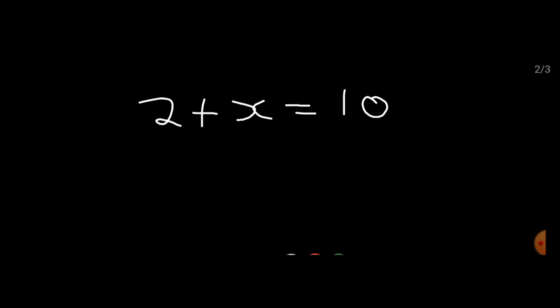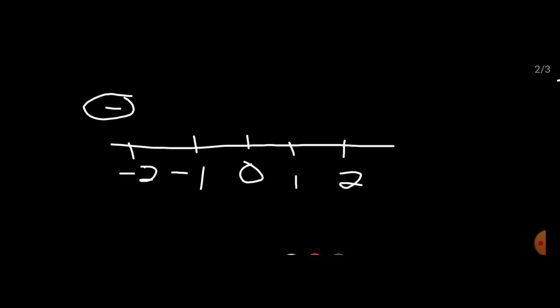But note something, whenever you are transposing, guys, let me give you an example using the number line. I think by now you know the number line. On the number line, we have negative signs and positive signs. 0 is like an equal sign because it's neutral, neither negative nor positive.